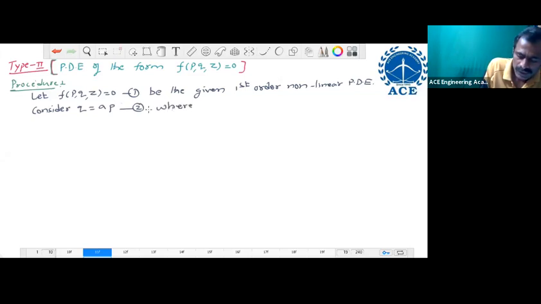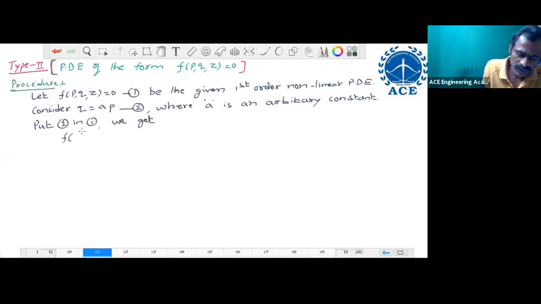where a is an arbitrary constant. Put 2 in 1. We get f of, in place of q, we write ap only.